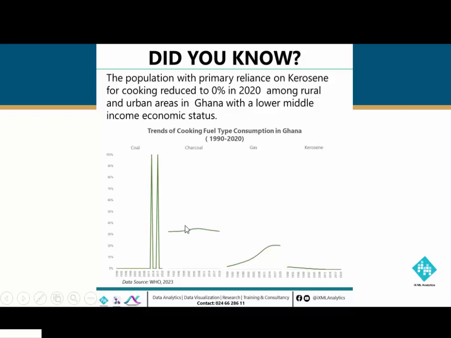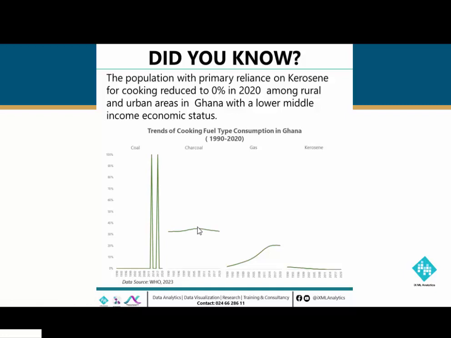So for charcoal like this, if I'm focusing on charcoal, then it will mean that, this one will not be management, this one will be Ghana as a country. So the leaders of the country should put in drastic measures to ensure that there are renewable or alternative sources of energy.